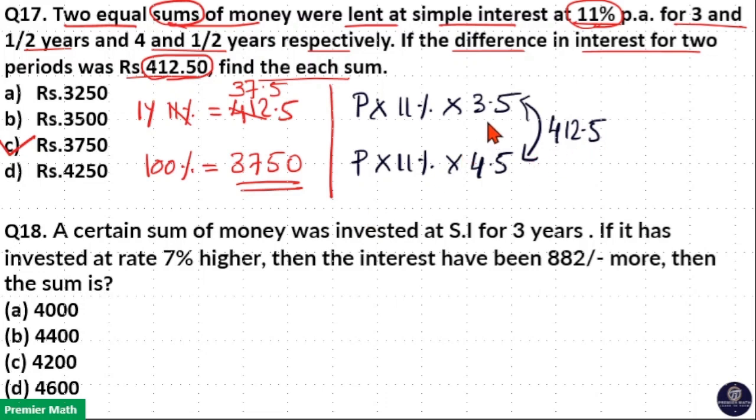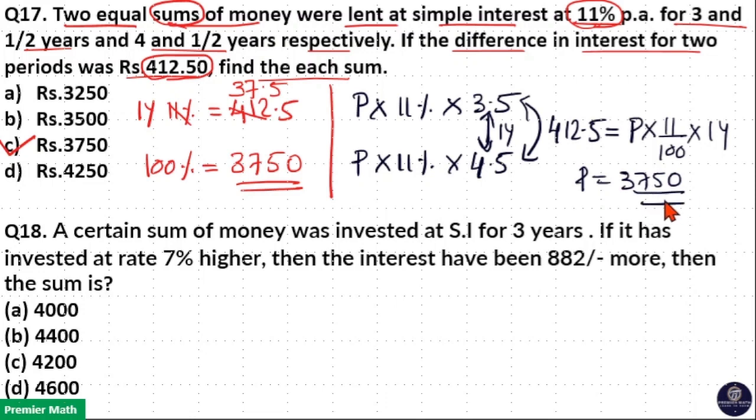Now here the principal and rate are common. Only the number of years is varying. So the difference in number of years is 1 year. So for 1 year, 412.5 is the interest received. This is because of the principal P at the rate of 11% per annum for 1 year. Now if you solve this, you will get P as 3750.